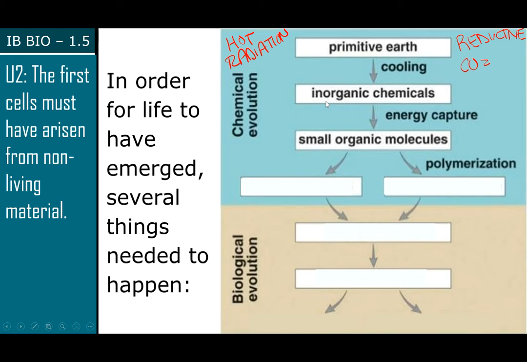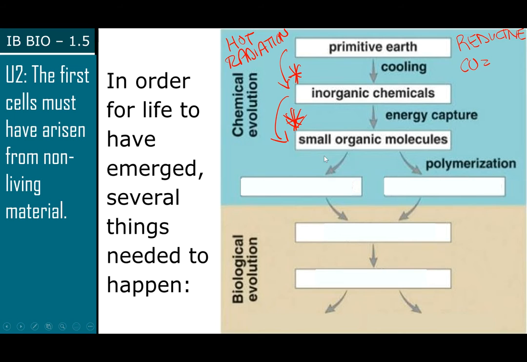So if you have inorganic molecules and you add energy, like from the sun, right, you can automatically start to see the creation of small organic molecules. Now, we can actually replicate this in the lab through a series of experiments. They're called the Miller-Urey experiments. So we have scientific evidence. Actually, we have scientific evidence that this happens too, right? So we have evidence for these two steps.